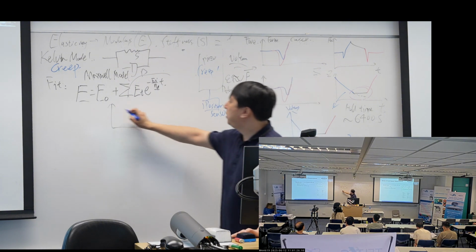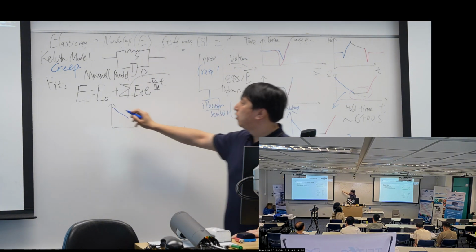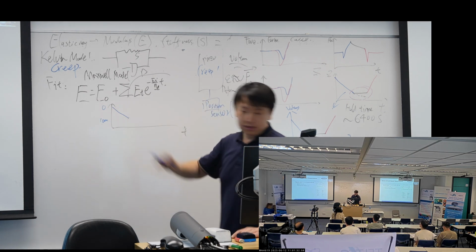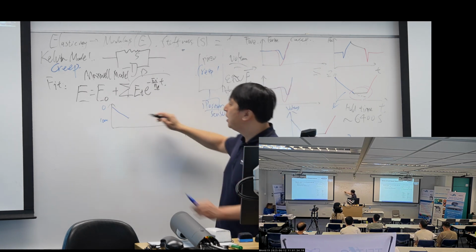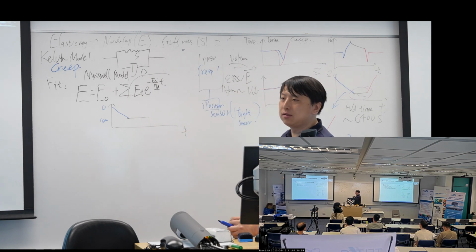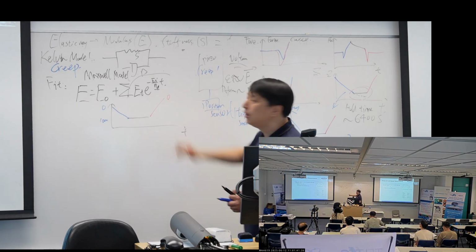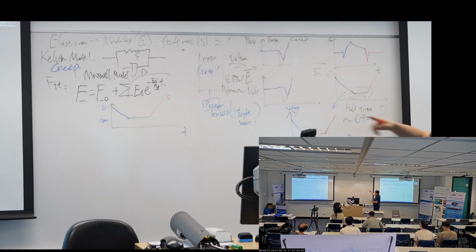I want my piezo to change from 0 nanometer to 100 nanometers, and then I want it to be held at 100 nanometers, and then it retracts back to 0 nanometers. That's my design. And if I just use voltage to control it, I will face creeping.